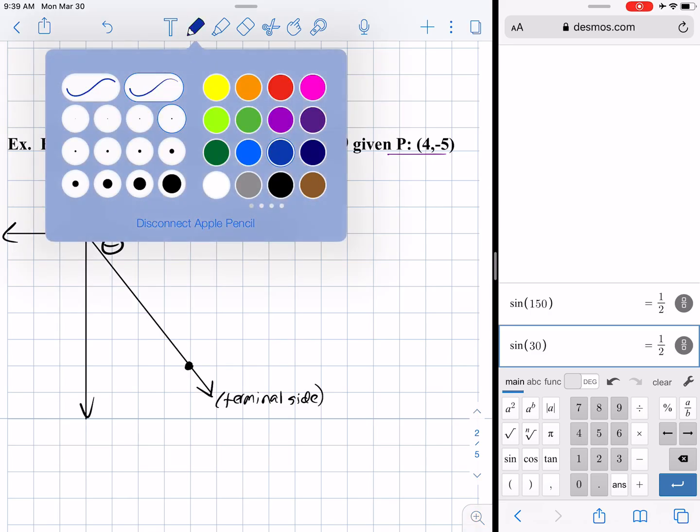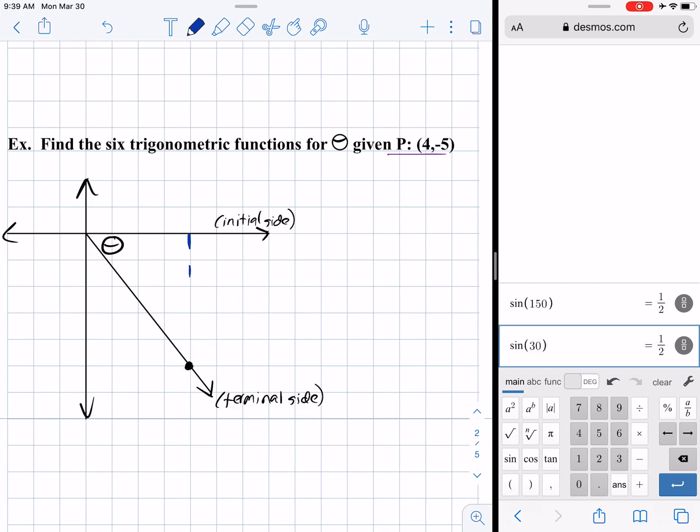So let's construct our right triangle like I was showing up above. Go ahead and list out our length. So this would be 4. I know length is always positive, but for the sake of writing these trig ratios, this is down 5. And then we need the hypotenuse, right? We still need this length right here. Okay.